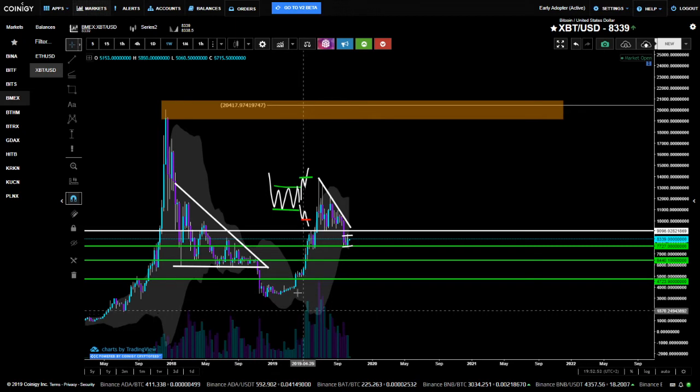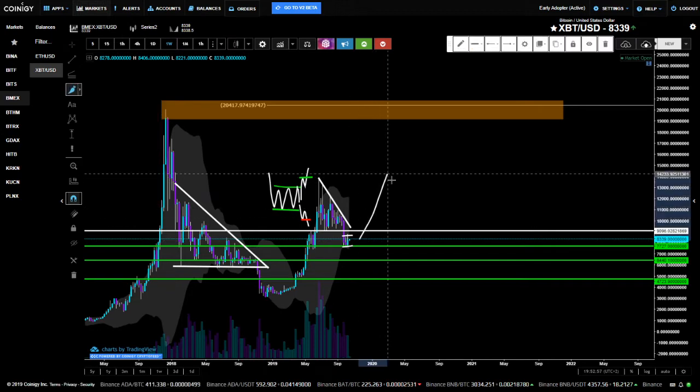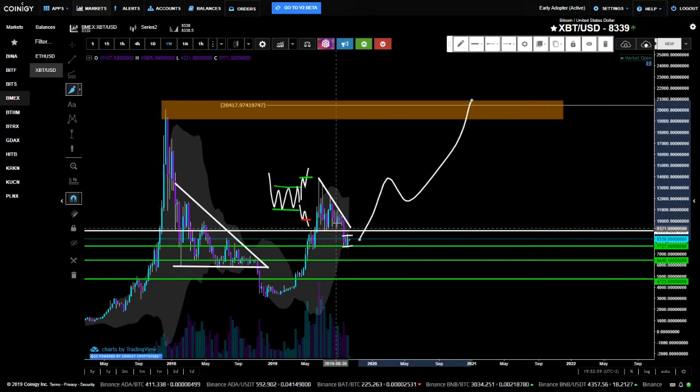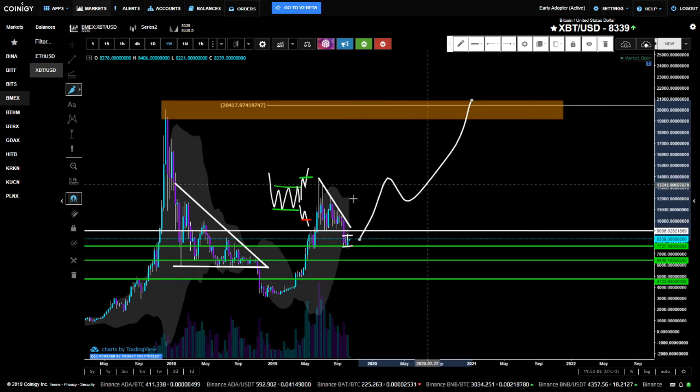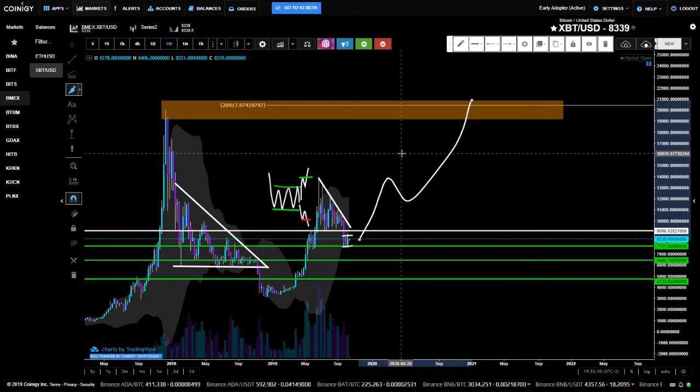The probabilities of people, so just say this happens, right? Just say this happens, and it recovers here. The amount of people that will take profit at the 1.618 extension, it will always push the price down temporarily.